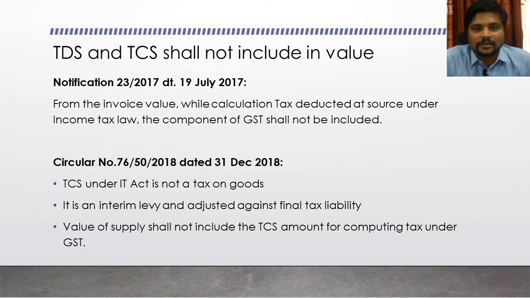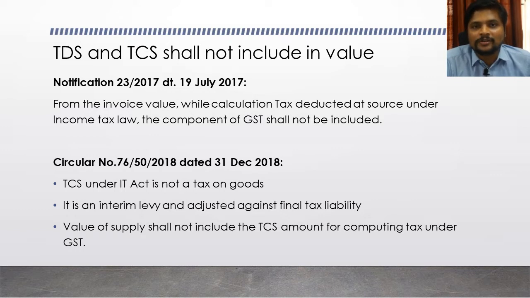There is a notification number 23/2017 which was issued on 19th July 2017. What does the notification say? From the invoice value, while calculating TDS under income tax law, the component of GST shall not be included. This is not directly related to inclusion or exclusion in the valuation. For example, the value of the invoice is 100 rupees and the applicable GST rate is 18%.